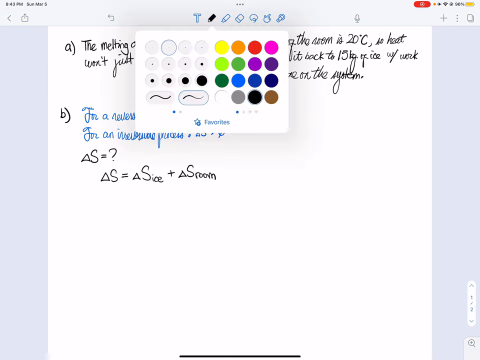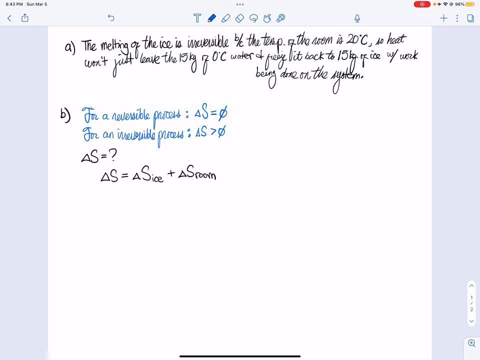So, what is the formula for the change in entropy? This is a side note, but the change in entropy is equal to Q, which is the heat added to the system, divided by T, which is the temperature at which the heat is added.